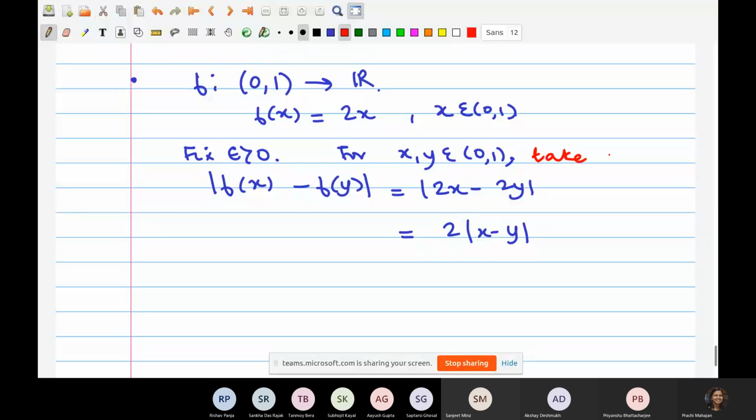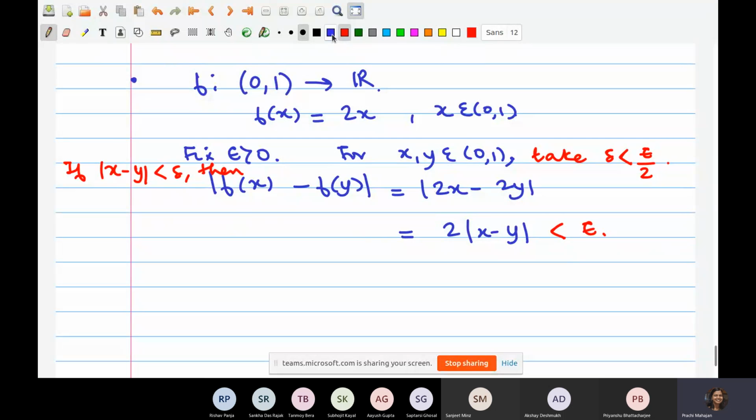Take delta to be strictly less than epsilon by 2. I am not taking it to be equal to epsilon by 2. Let's take delta to be strictly less than epsilon by 2. And then if x and y are at most delta distance apart, then f of x and f of y will satisfy that 2 delta is at most epsilon, right?